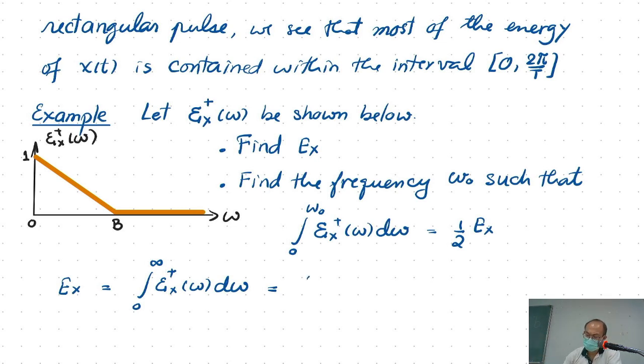So we don't have to integrate: 1/2 times the base, which is b, times the height, which is 1. So the energy would be b over 2, or 0.5 b. That's easy.